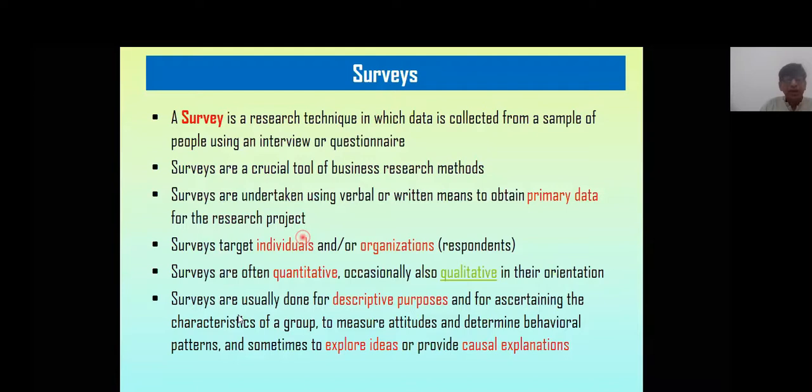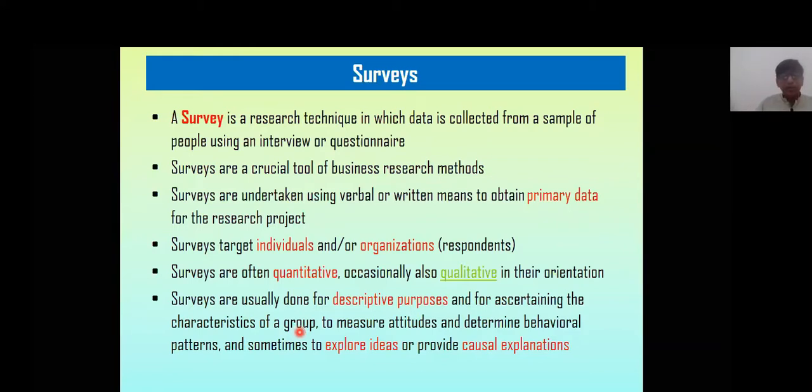Surveys are done for descriptive purposes and for asserting the characteristics of a group. We normally do surveys to describe the characteristics of our population and our respondents, like their likes, their dislikes, their income level, the location, and different things.